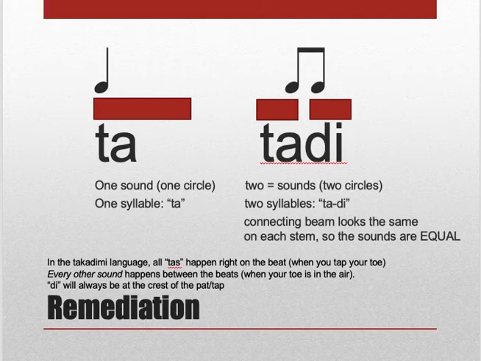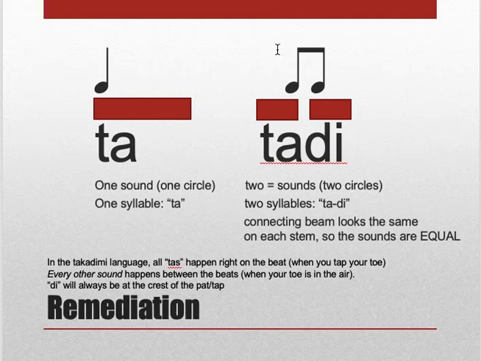The issue that I found was primarily that our ta-dis were not 2 equal sounds. For many of you, instead of speaking ta-di, ta, ta-di, ta evenly, I heard examples where one sound of the ta-di was much longer than the other sound. So I'm going to walk you through why that is incorrect at this point.